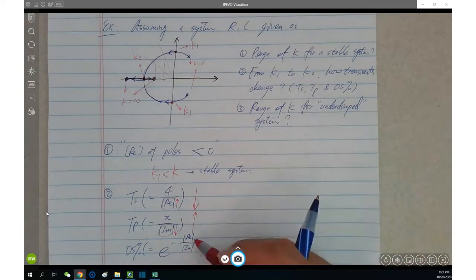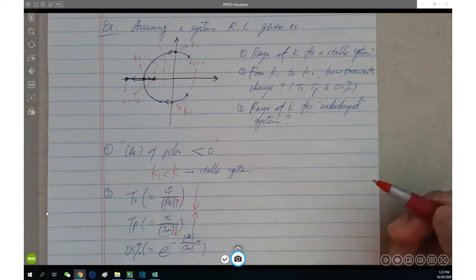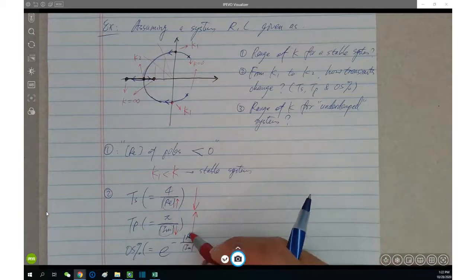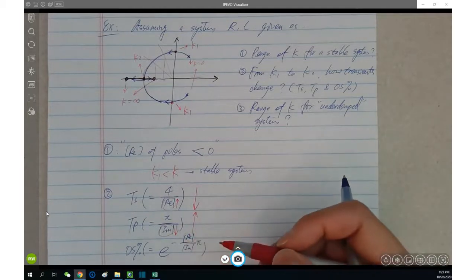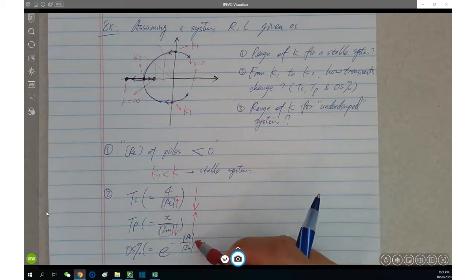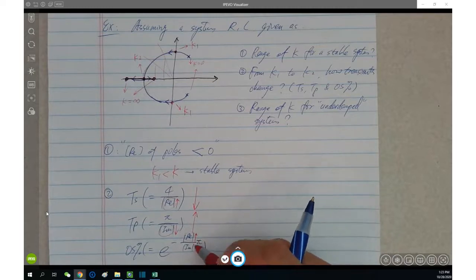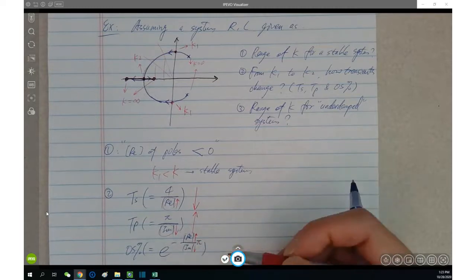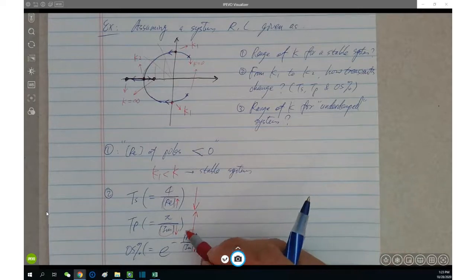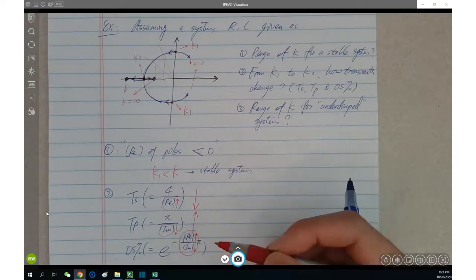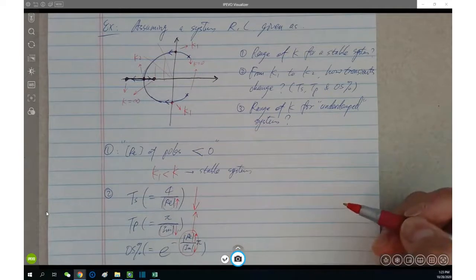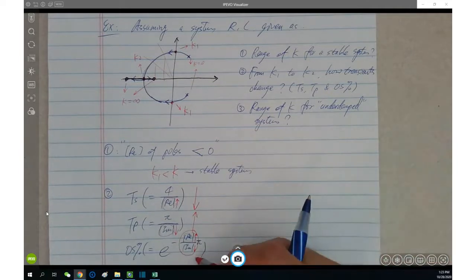Or, if that is a little bit tricky, you can think in this way. The real part is becoming bigger, and the imaginary part is becoming smaller. So the entire real part over imaginary part has become bigger, right?